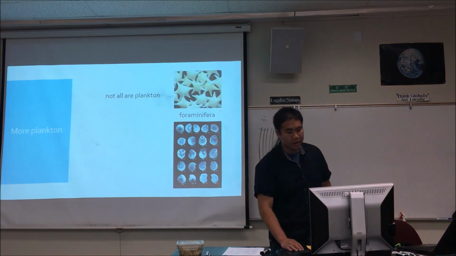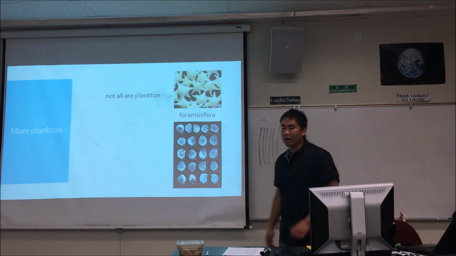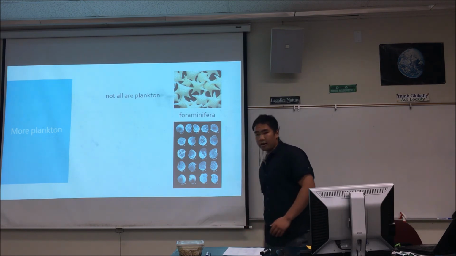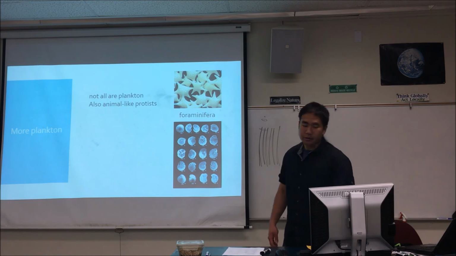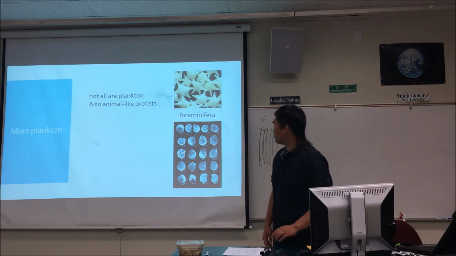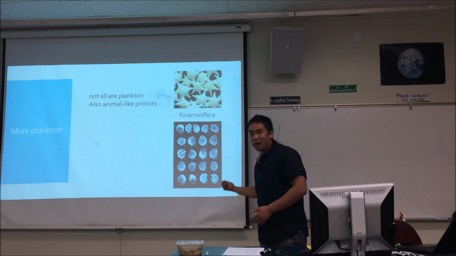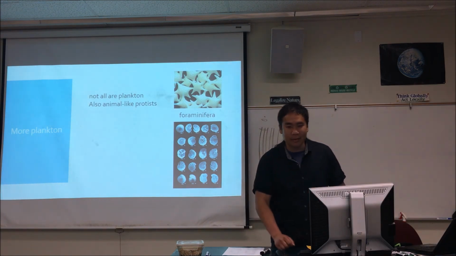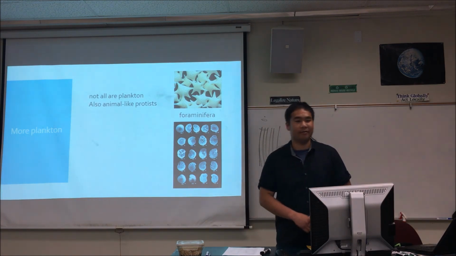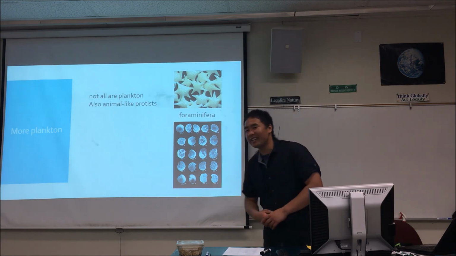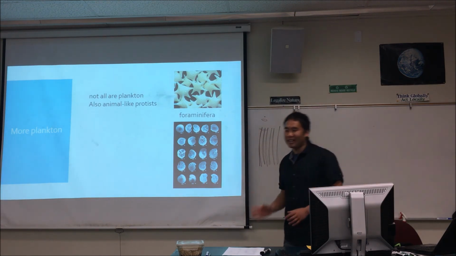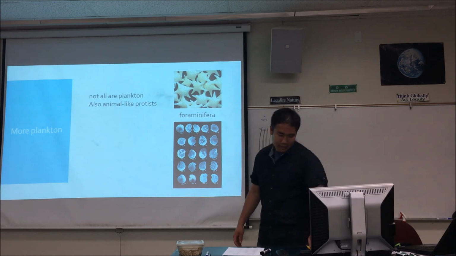Okay, here's another one, foraminifera. Not all of these are plankton, but some of them are. The other ones that are not are just on the ground. These guys are also zooplankton, and this is the other hard one, so just take a guess. What is this one made out of? No, that's the other one. So one of each, right? This one's calcareous.